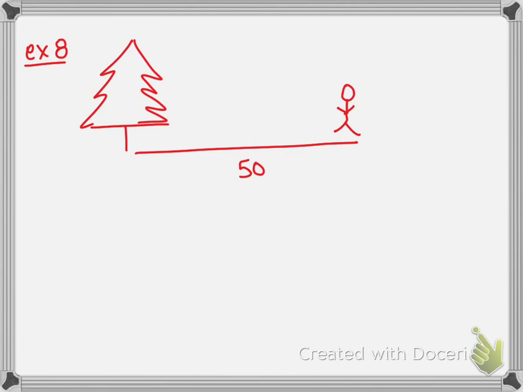So from the person up to the top of the tree, from the horizontal up. So that's this angle right here. They measured that angle to be 71.5 degrees. How tall is the tree?